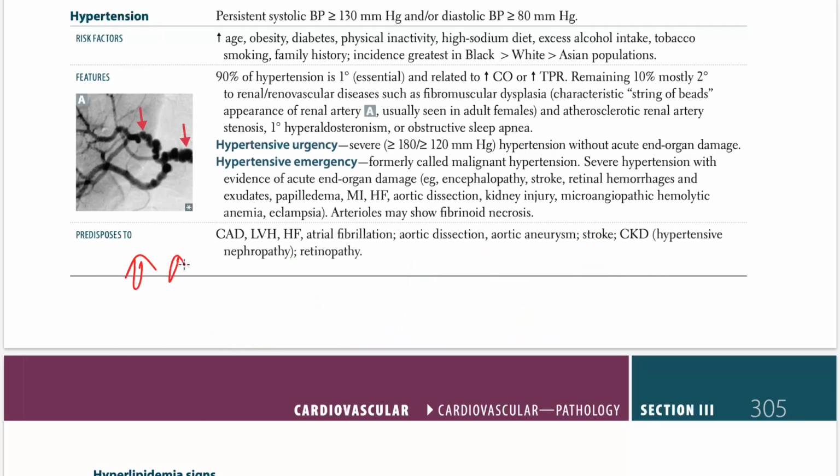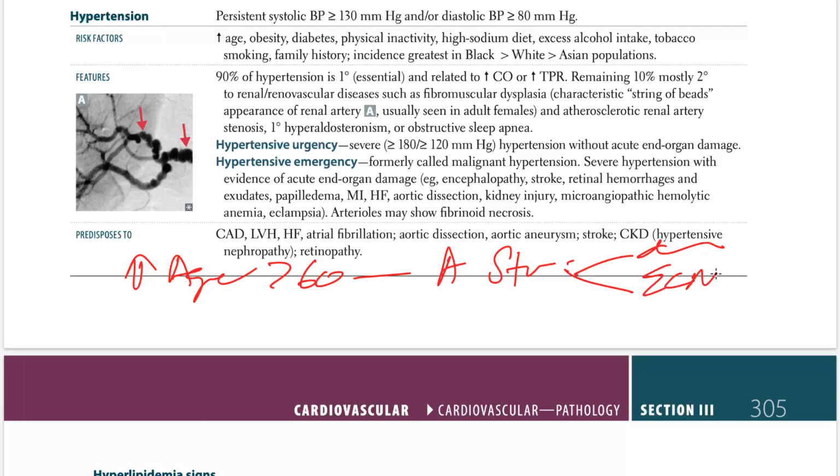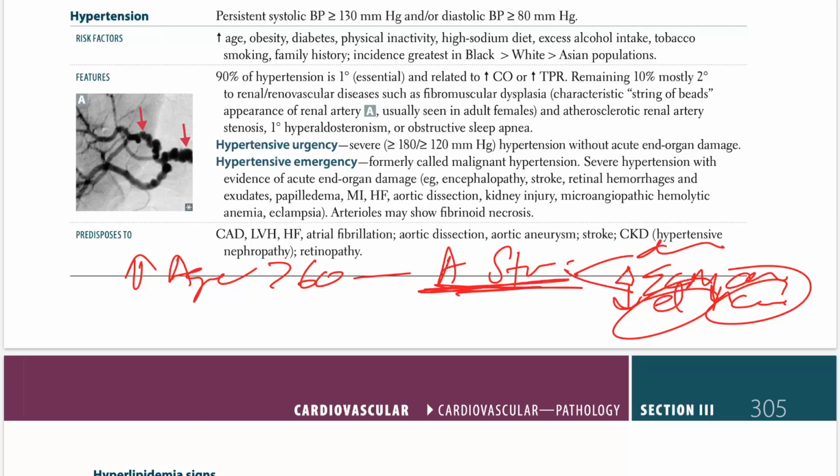When you increase age, which is, let's say, greater than 60, you have arterial stiffening, which is caused by endothelial dysfunction and change in extracellular matrix composition, meaning decrease in elastin and increase in collagen. So there's a decrease in elastin in older age and increase in collagen, and that causes arterial stiffening.